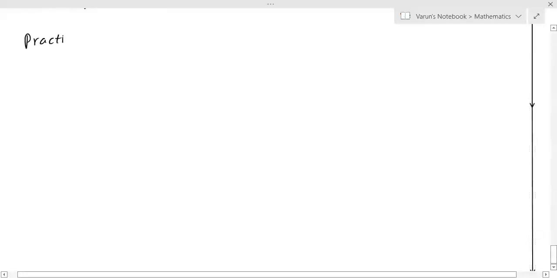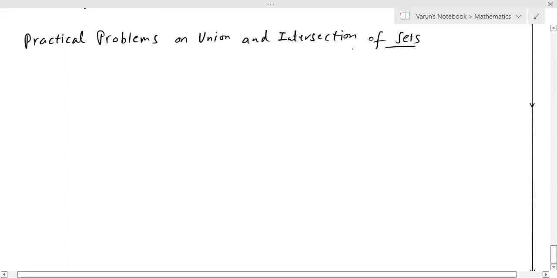Practical problems on union and intersection of sets. Before we go to the practical problems, we must know a few formulae. Let's take a look at them.